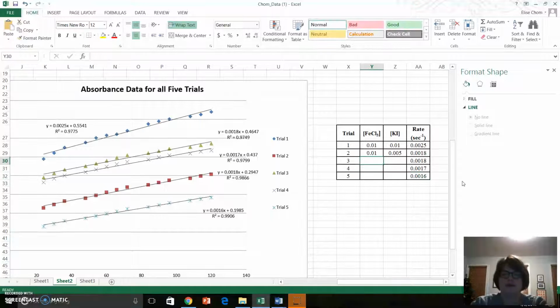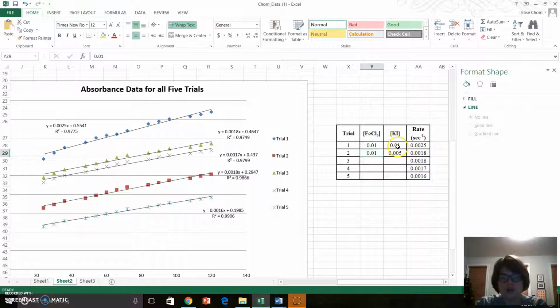Okay. Now, after I fill in all of this, I'm going to start doing what I've done before. Okay, iron chloride here, iron 3 chloride, is being held constant. 0.01 into 0.005, that's divided by 2, and 0.0025 and 0.0018, well, that's about 2.